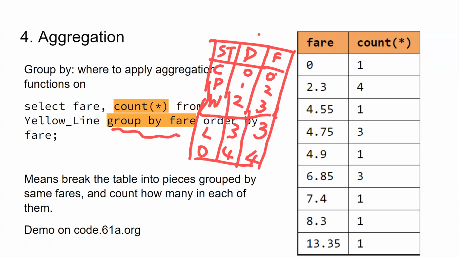So for this table, when I'm doing group by, I'm having, I guess, 1, 2, 3, 4 new small tables. One is Concord, 0, 0, and one is Pleasant Hill, 1, 2, and one is Walnut Creek and also Lafayette.